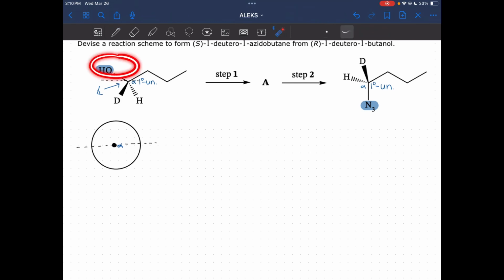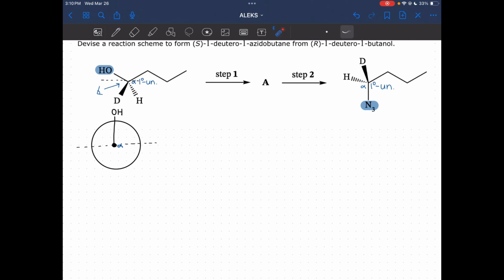So I have my top up here above that line and the bottom below the dotted line, and that directly correlates to these two sides of this Newman projection. So my OH is above that dotted line. It's pointing upward. I'm going to then draw it coming out directly up like this.